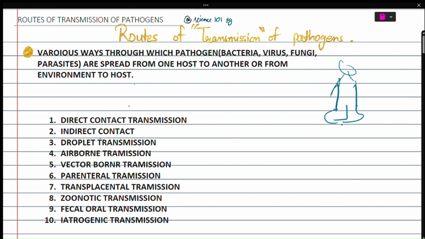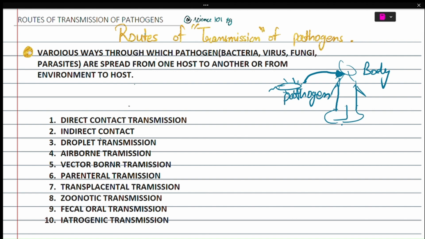And here is a bacteria, or you can say any pathogen, but this basically seems like a bacteria. So let us consider that this bacteria is trying to enter into our body, right? There are certain routes which this pathogen will follow, and the routes followed by pathogens will be discussed in this lecture.